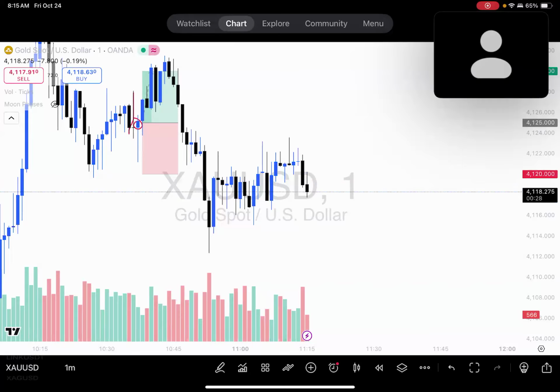So we're now 20 pips in profit again, if you got in at 41.20. Now 30 pips. And once we hit 41.15, move stops to break even, and then let the rest of the trade play out in our favor.